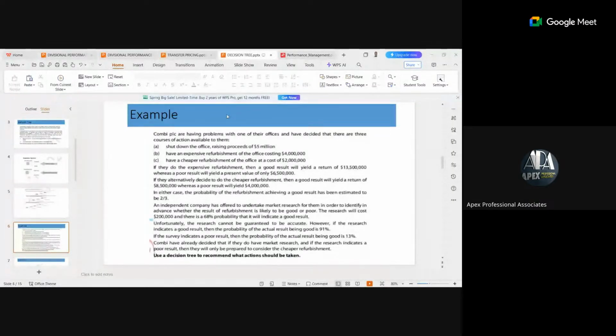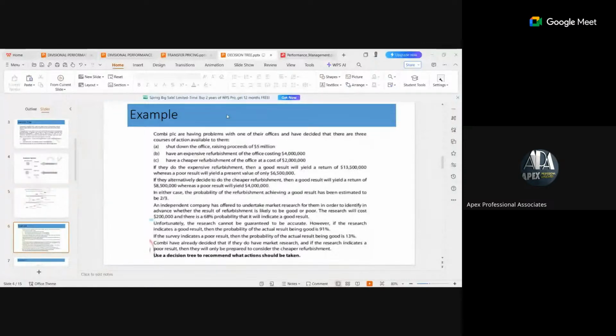Now, they want to make a decision either to shut down the office or have an expensive refurbishment that will cost them 4 million. If they are to shut down the office, they will get a return. There will be an expected return of 5 million.